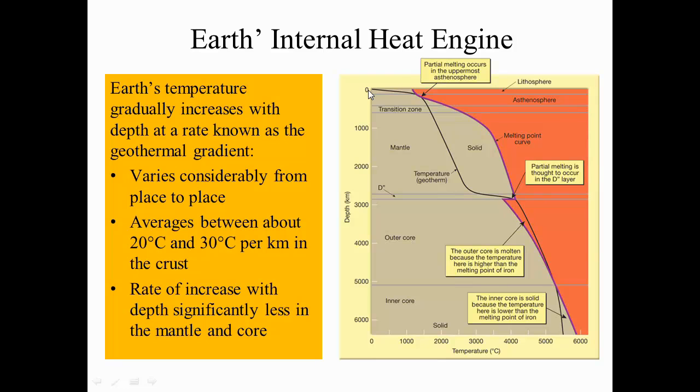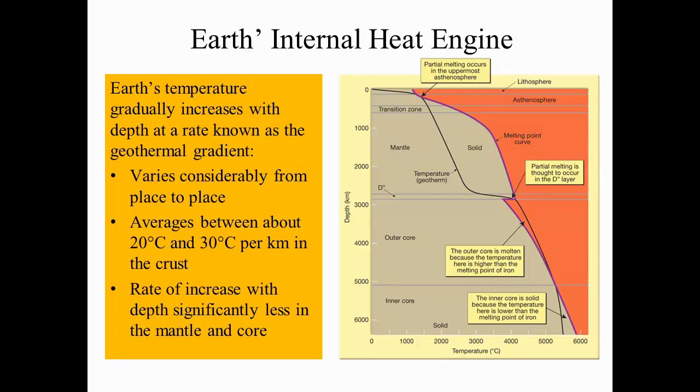And this is shown again in the figure to the right. Notice that within the upper 60 to 100 kilometers of the Earth, there's an abrupt increase in temperature with depth. But then as we pass through the mantle, the increase in temperature with depth is more modest.